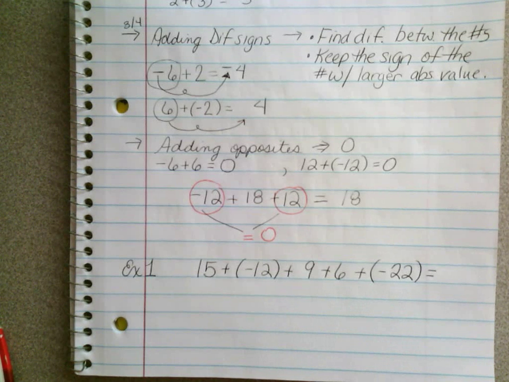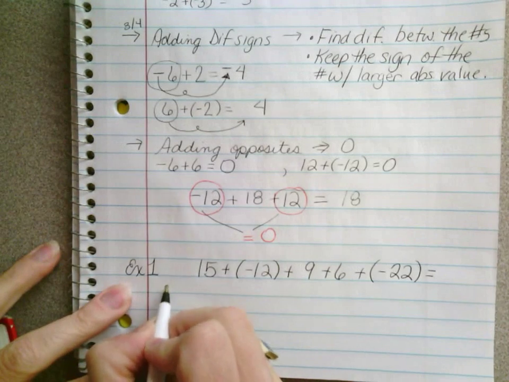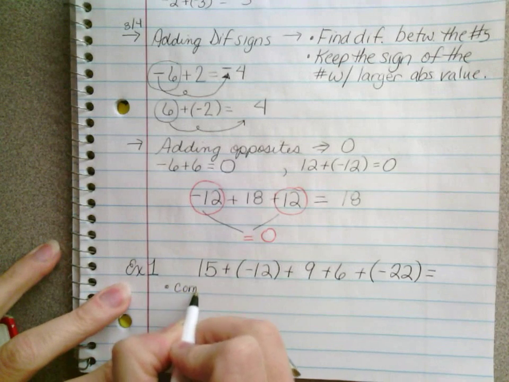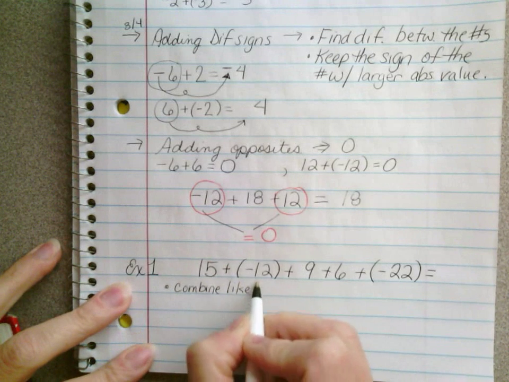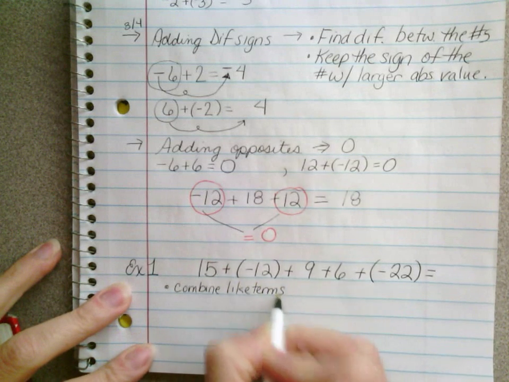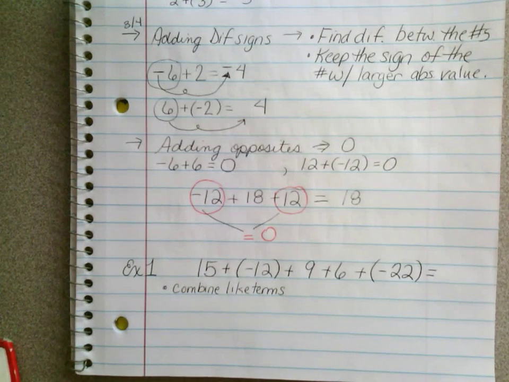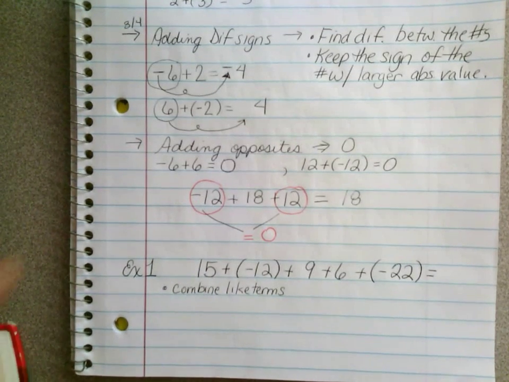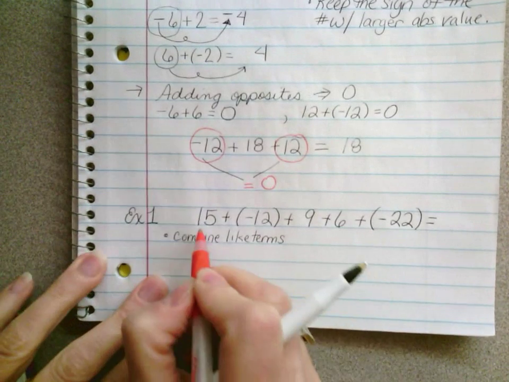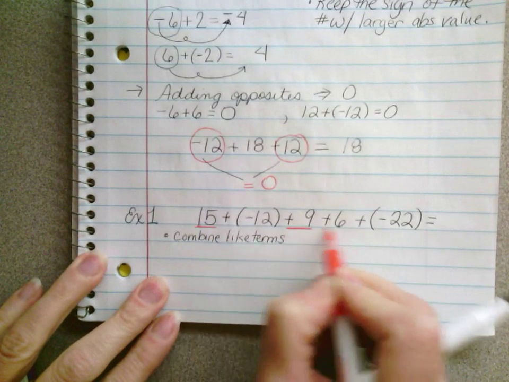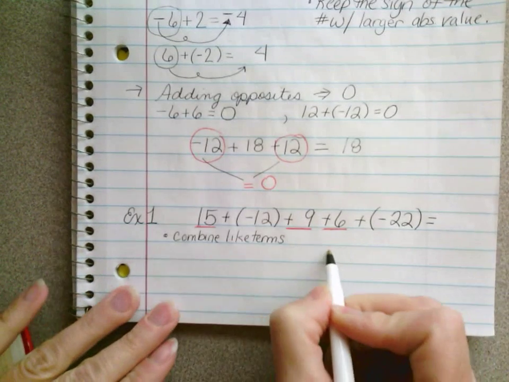The way I would do it is first I would combine like signs. You know how we combine like terms when there's variables and numbers? Well, I would combine like signs. If you combine all your positives, you end up with 30, right? So that's 30.